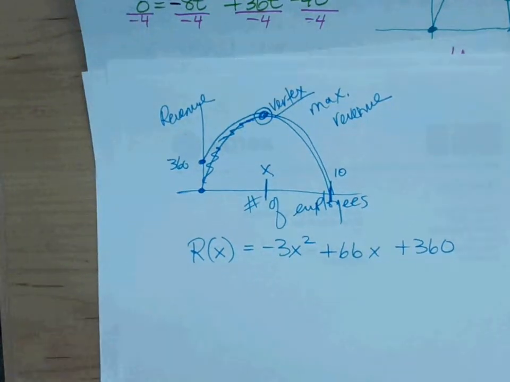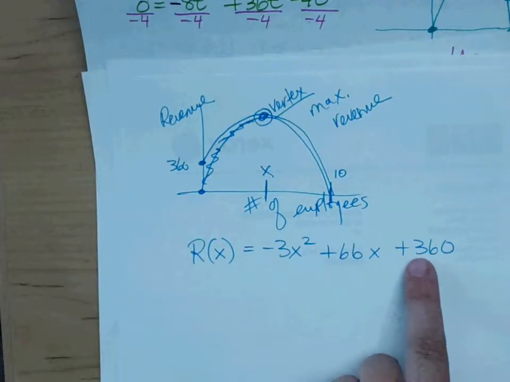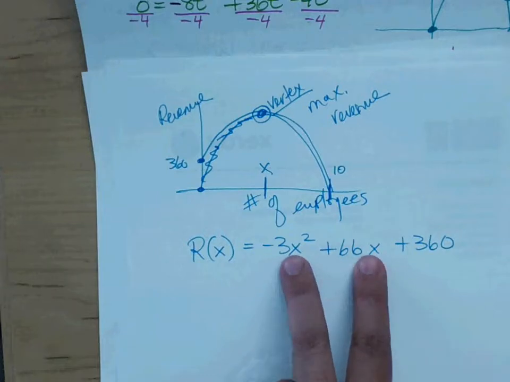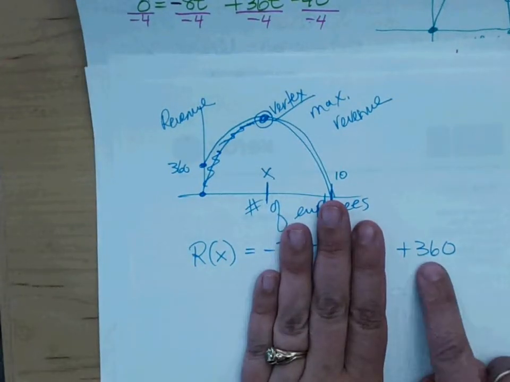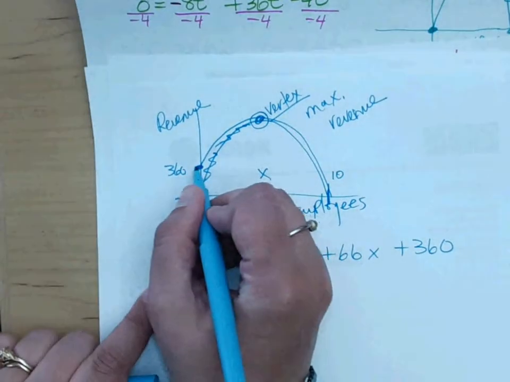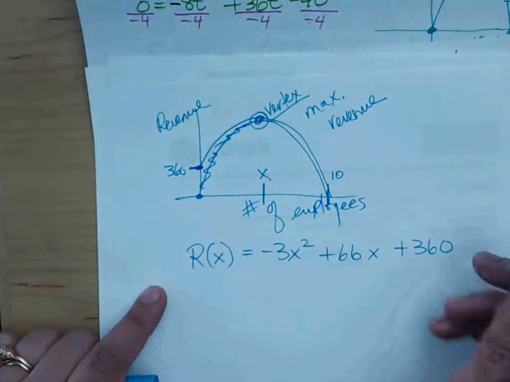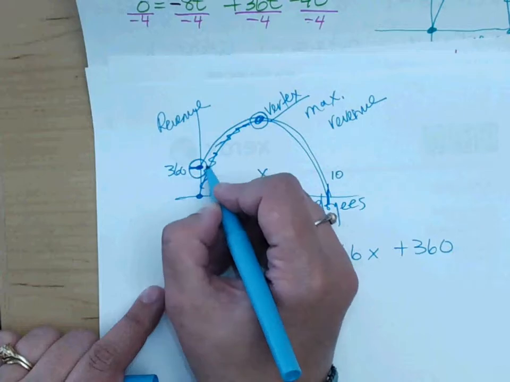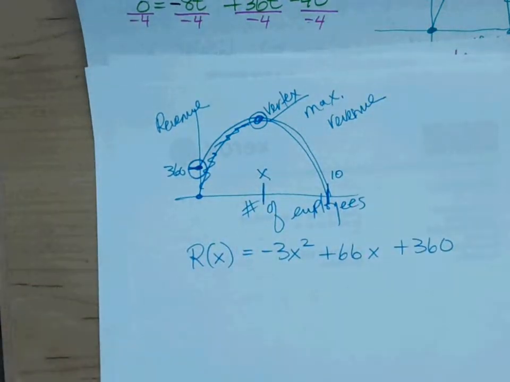Now, when we were talking about linear equations, does everybody remember y equals mx plus b? And you notice how this is our constant here. If we had 0 employees, meaning x was 0, how much money would we make, our revenue? 360. That would be with 0 employees. So that right there is our y-intercept. That's how much revenue we would make with 0 employees.